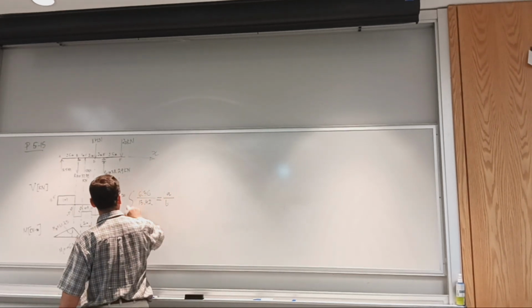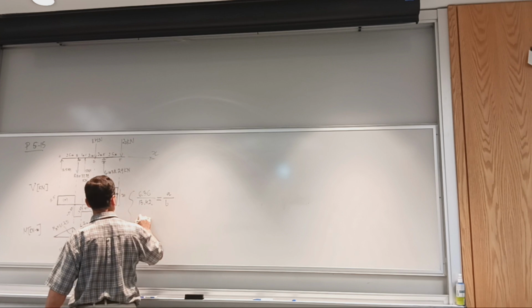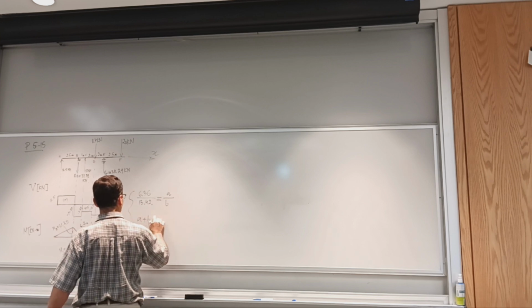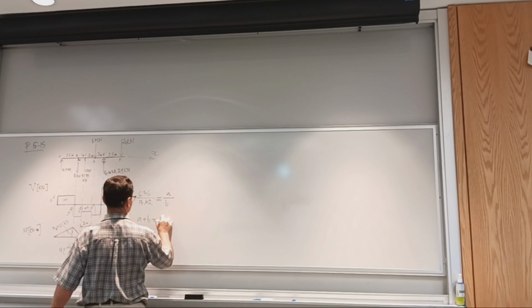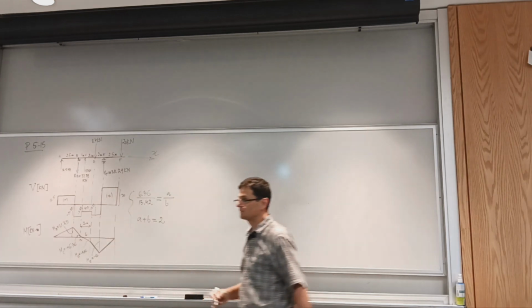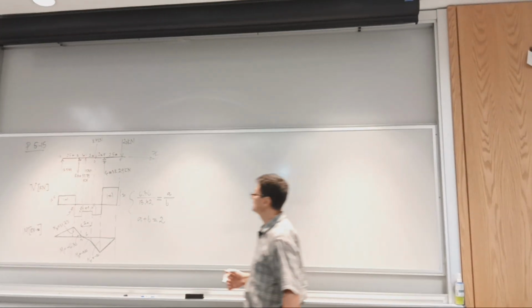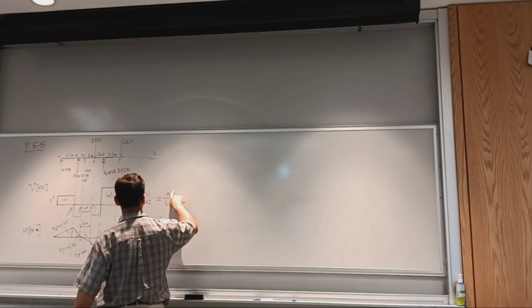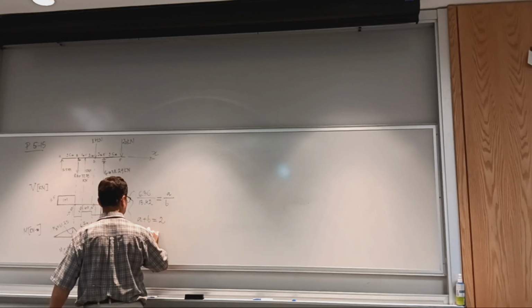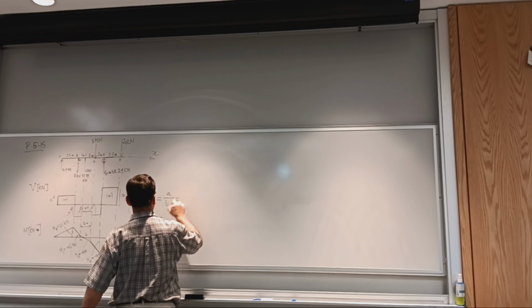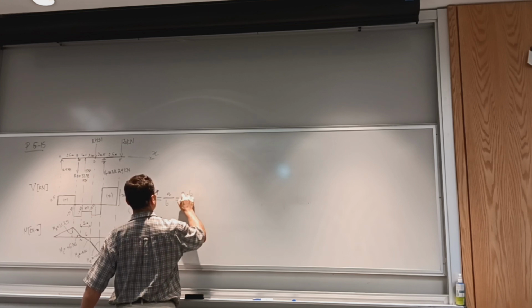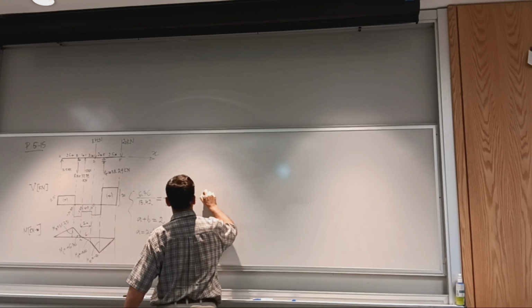But then this is not enough. I have two unknowns, A and B. So I need to add to this A plus B equals what? The 2 meters. So I have two equations and two unknowns. Is that right? So one way of doing this is to solve for A in terms of B. So I have A equals 2 minus B. So this is 2 minus B over B. This is 2 over B minus 1.